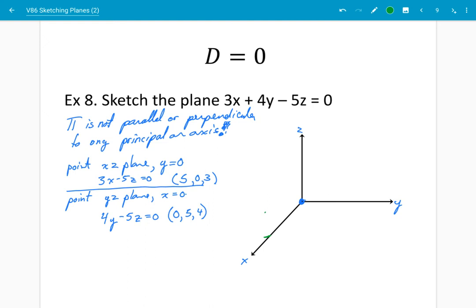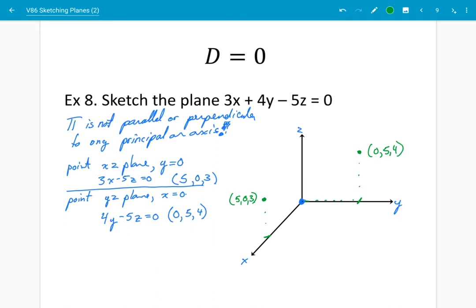So 1, 2, 3, right about here. So that is the point 5, 0, and 3. X is 0, and then 5 spaces right, so right about here maybe, and then up 4 places, so maybe here. Okay, so I'll label that.